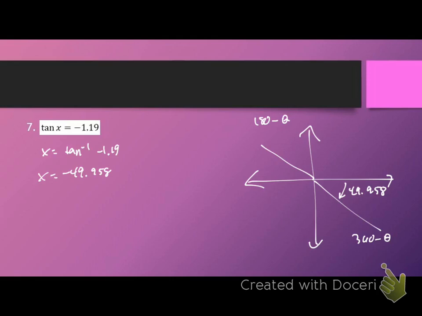So, to get our two answers, we take 360 minus the 49.958, and then take the 180 minus the 49.958, and you get 130.04. Okay, and there you go.